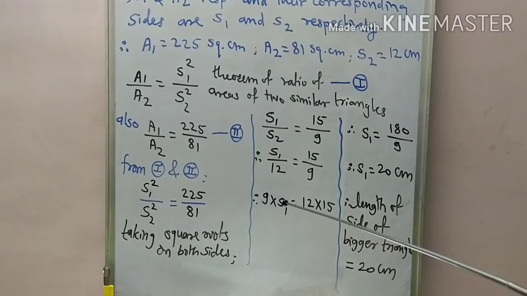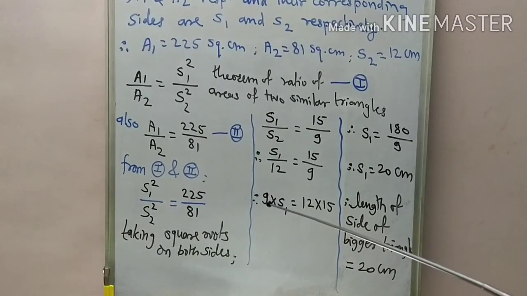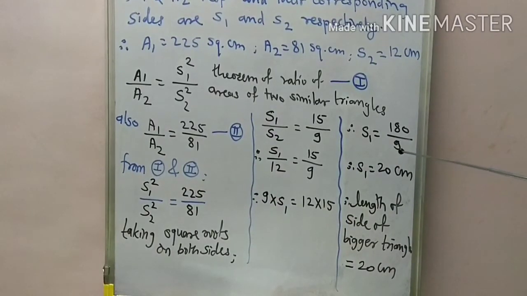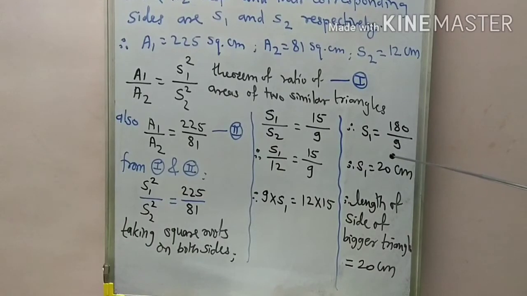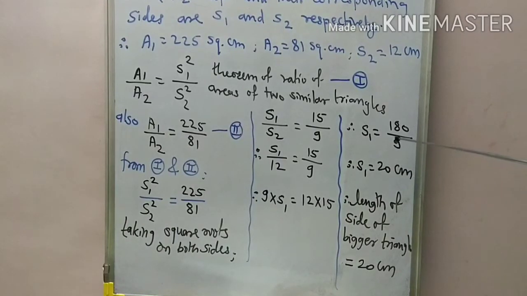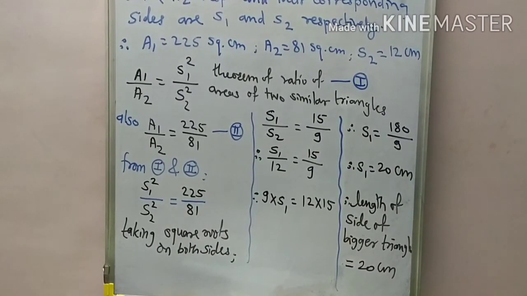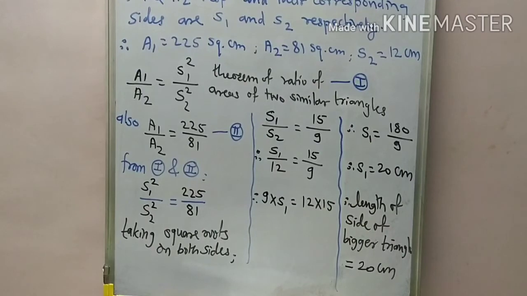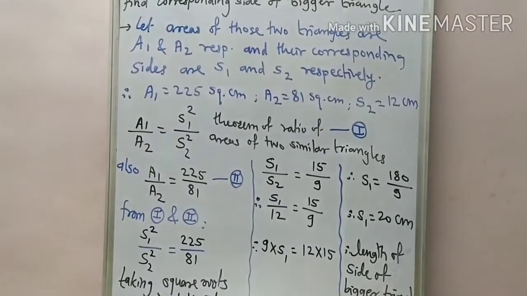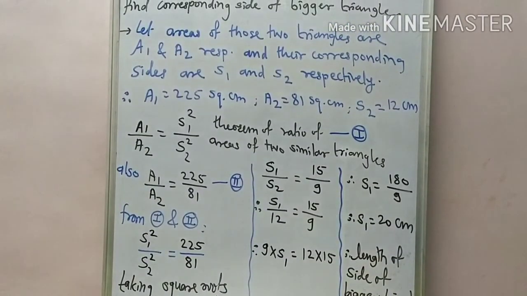To find S1, we take 9 to the right side, 180 upon 9, so S1 is 20 centimeter. It means the length of the side of the bigger triangle is 20 centimeter. So like this, the example is asked in exams for 3 marks.